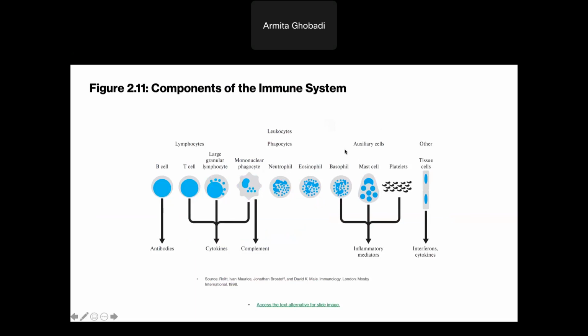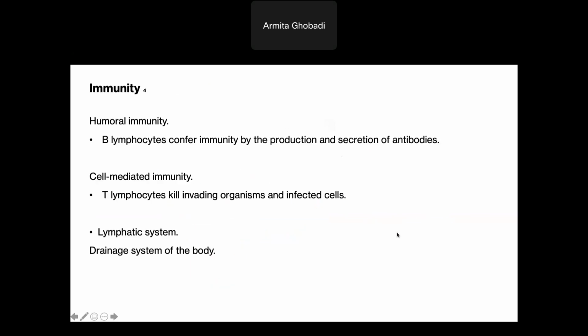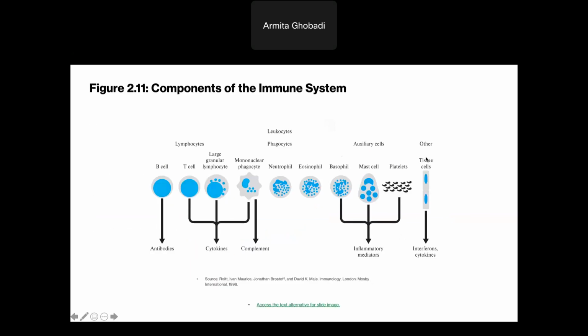We do have some auxiliary cells, for example basophils, which act as inflammatory mediators. And lastly, there are tissue cells. And here you can see the whole sequence of the immune system in our body.